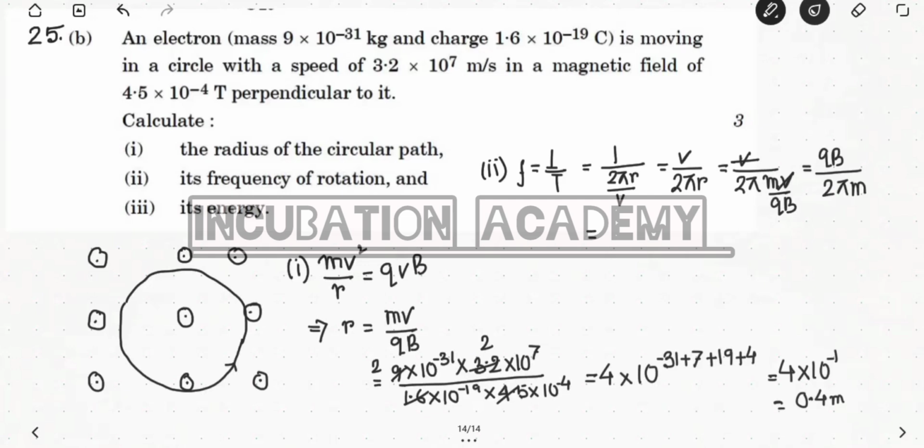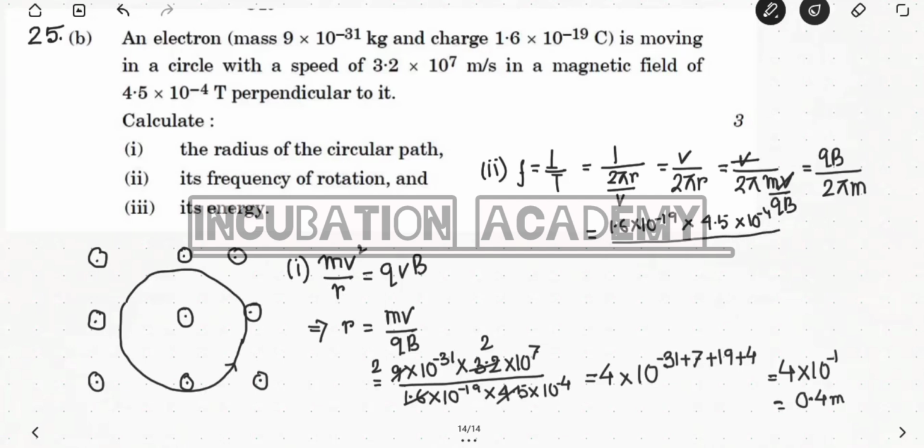From it, what is the value of q? 1.6 × 10^-19. What is the value of the magnetic field? 4.5 × 10^-4.